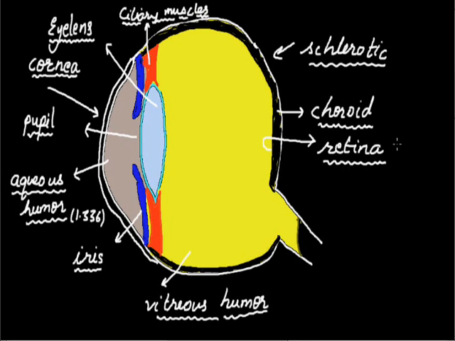Retina consists of two types of cells. One is rod-shaped cells, and the other is cone-shaped cells.